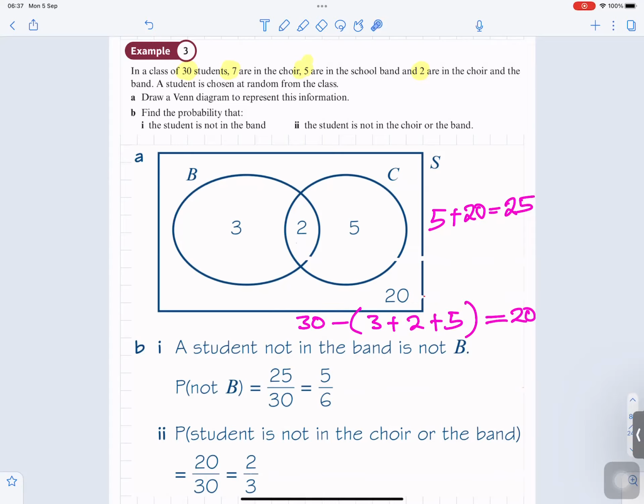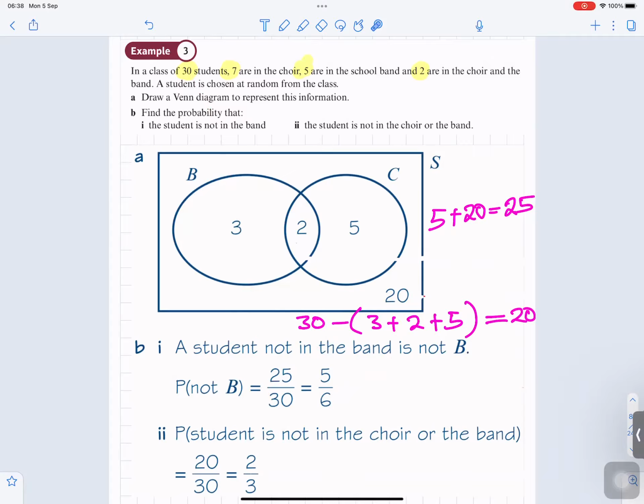So that's what is not inside B. So the probability of not B is 25 students who are not in B divided by the total of 30 students. And you simplify it to 5 over 6.